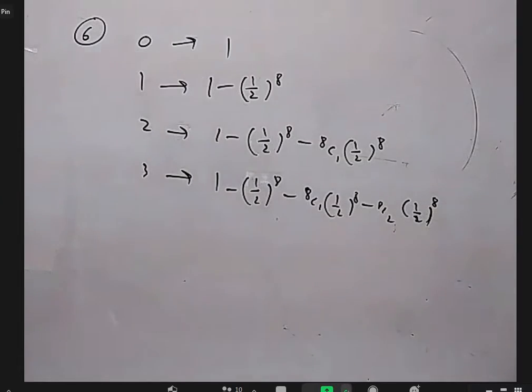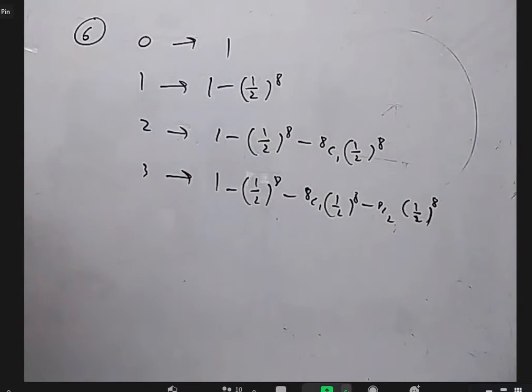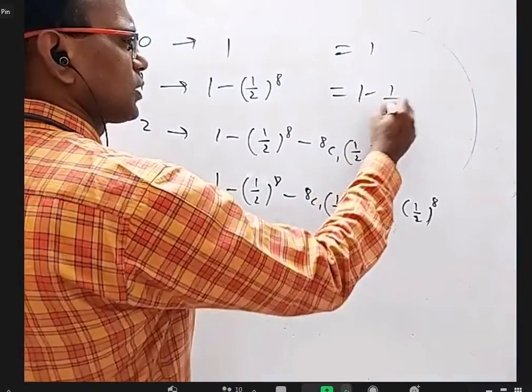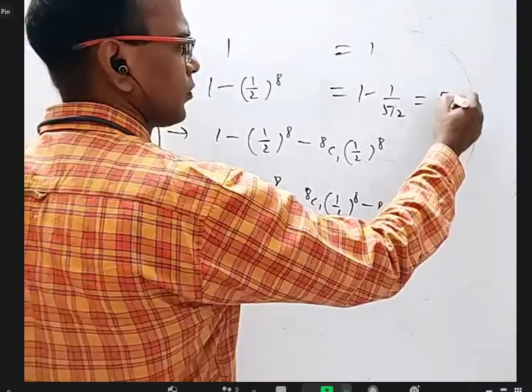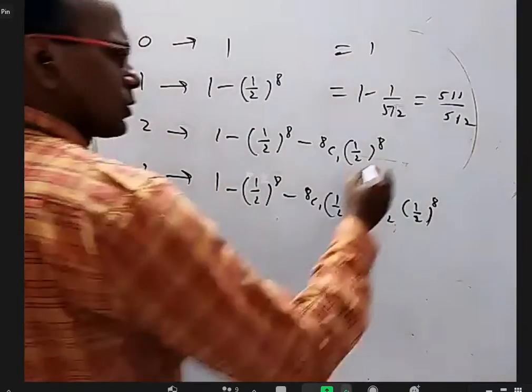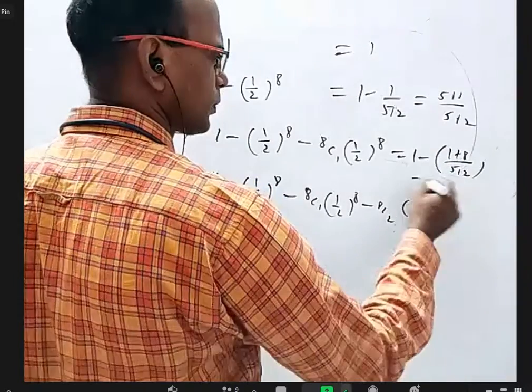Right now it is more than 1 by 2; when will it become less than 1 by 2? We wanted to know. I think we have to solve it, otherwise it takes time. This is 1. This is 1 minus 1 by 512, that is 511 by 512. This is 1 minus (1 plus 8) by 512.